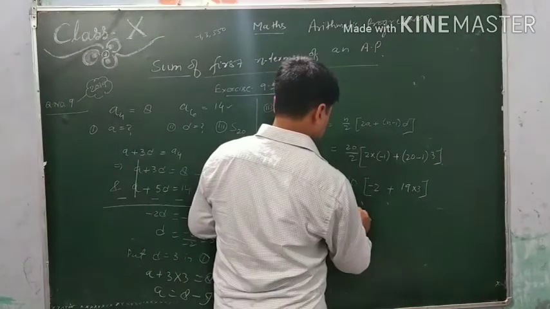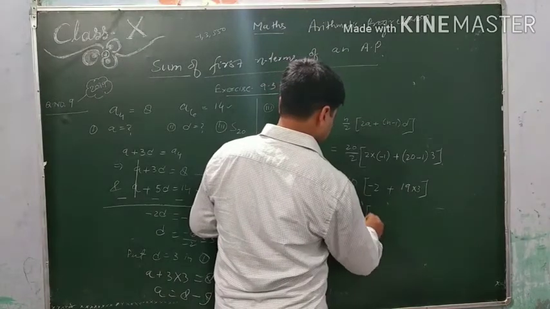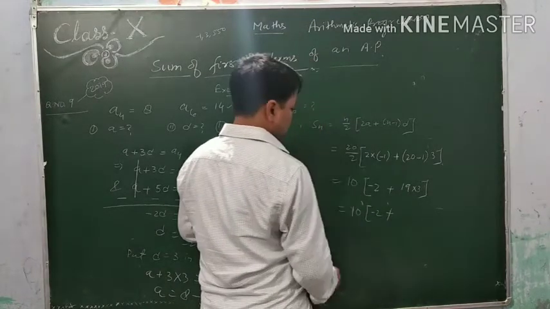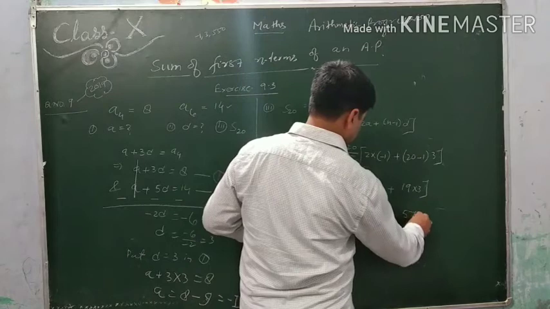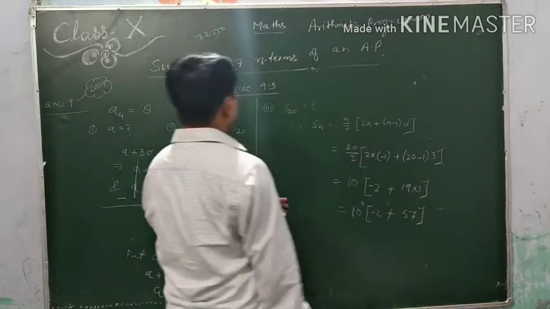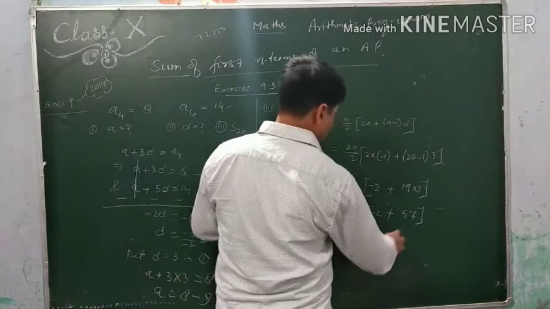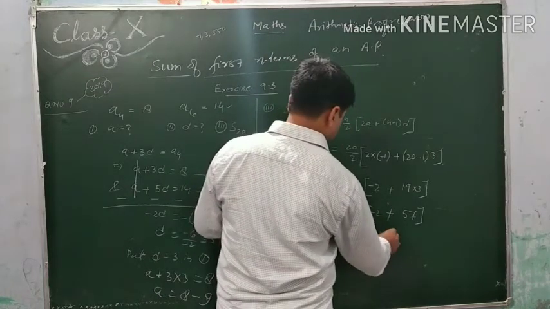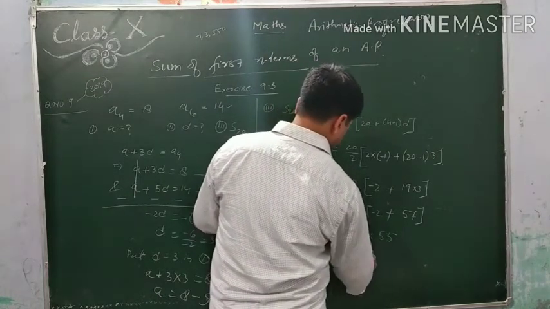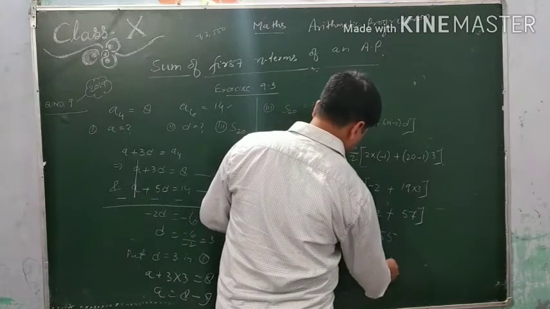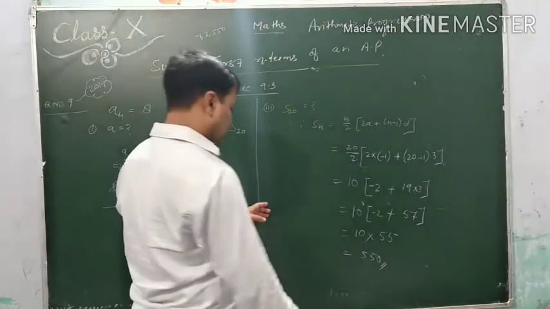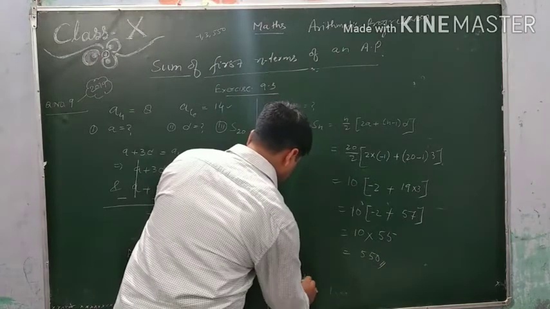Then 10 into minus 2 plus 57. Here 10 into 57 minus 2, that is 55, and finally the answer will be 550. Therefore, what do you write as the answer?